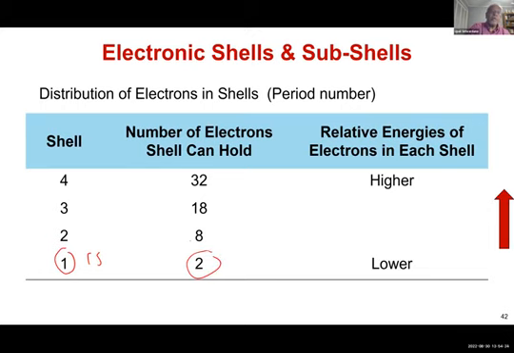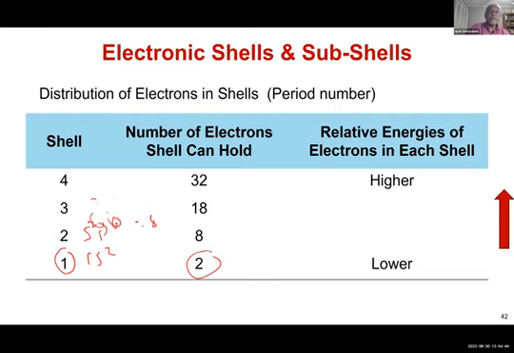S can hold only 2. P orbital is 6. Second shell has S and P orbitals. So therefore it is 8 total. 2 plus 6 is 8.